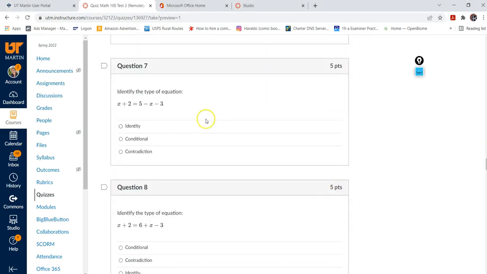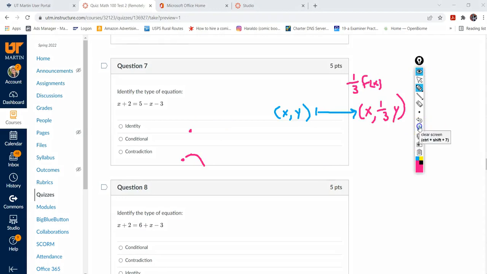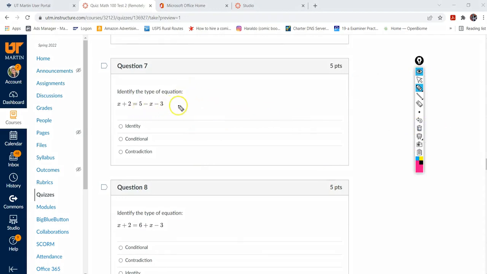All right, identify the type of equation. Let's see what happens when I try to solve it. Let's add x to both sides. So when I do that, on the left-hand side I'm going to have 2x plus 2. And over here, that's going away.